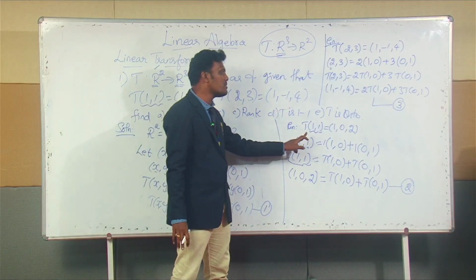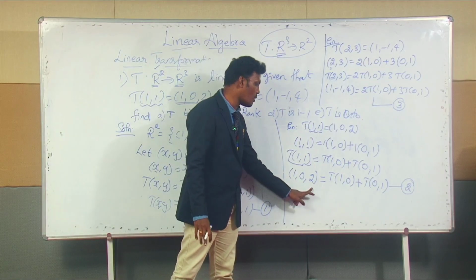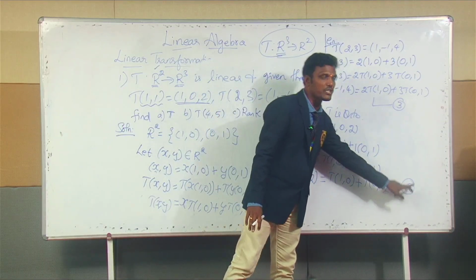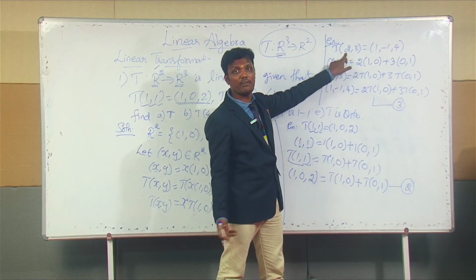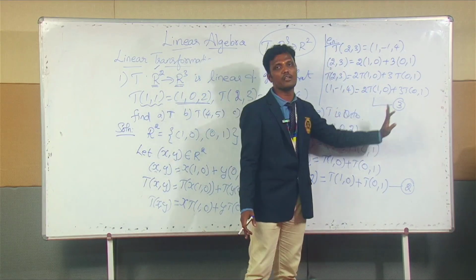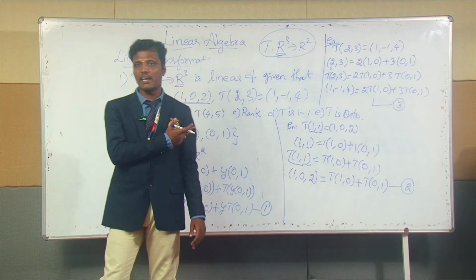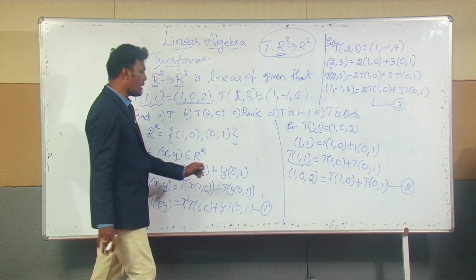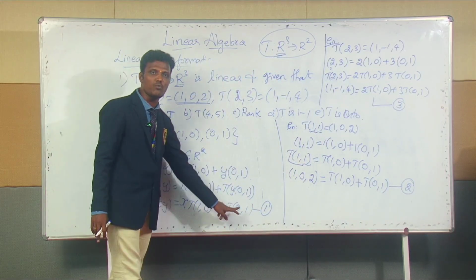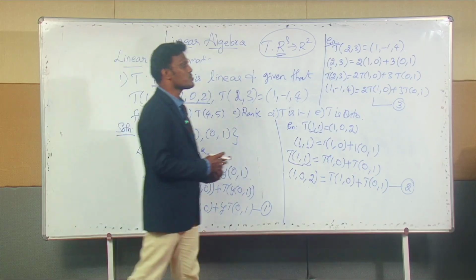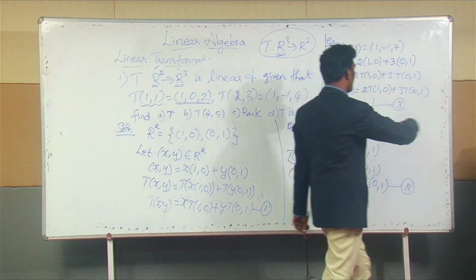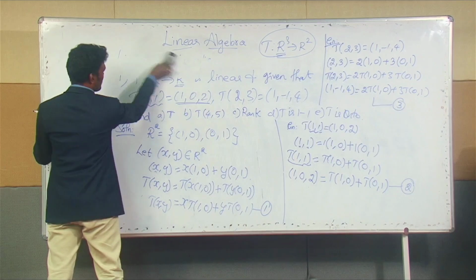From the first value we got the second equation, and from the other given value we got the third equation. If we solve the second and third equations, we can find T of (1, 0) and T of (0, 1). Next we are going to solve equations 2 and 3.